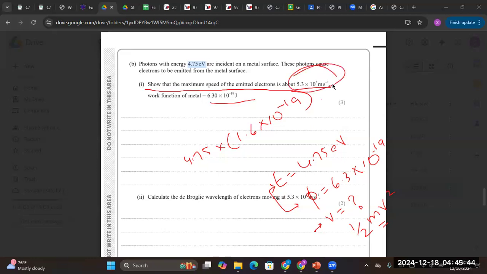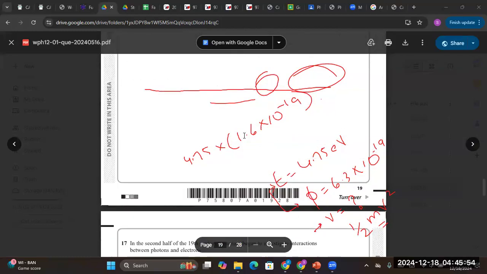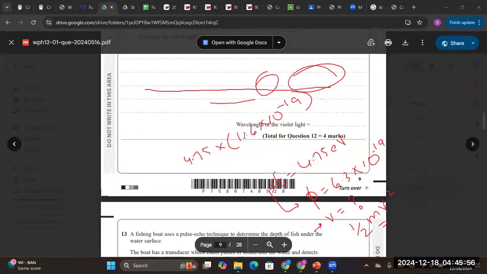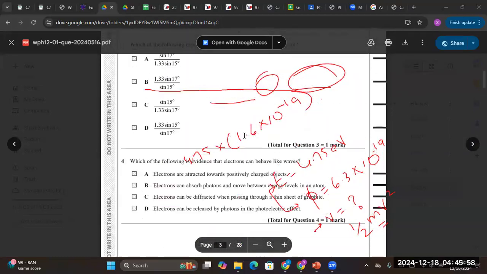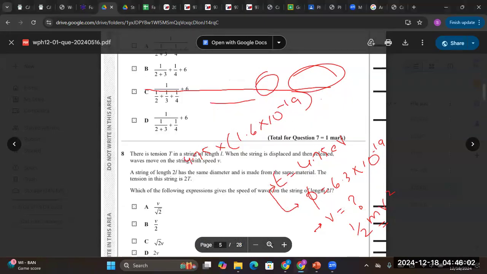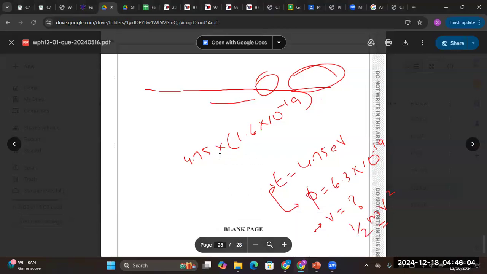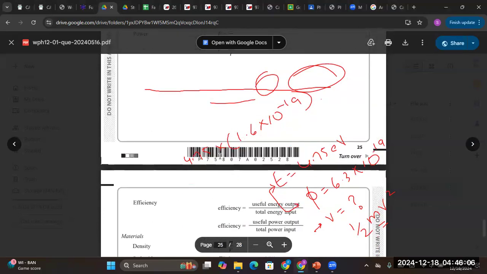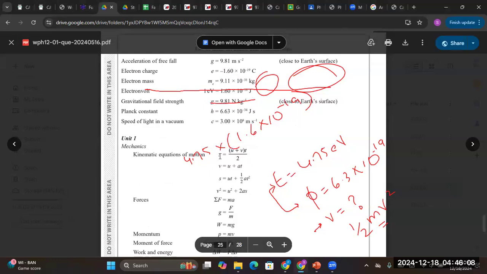The mass, okay. So, Laiba, the question is about electrons. So we will use the mass of electron. The mass of electron, the charge of electron, all of this information is usually given over here, at the end of your paper.